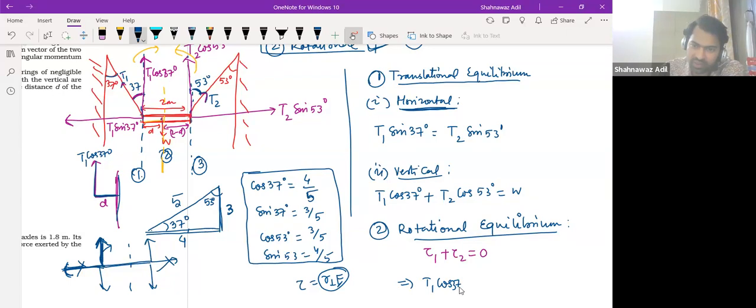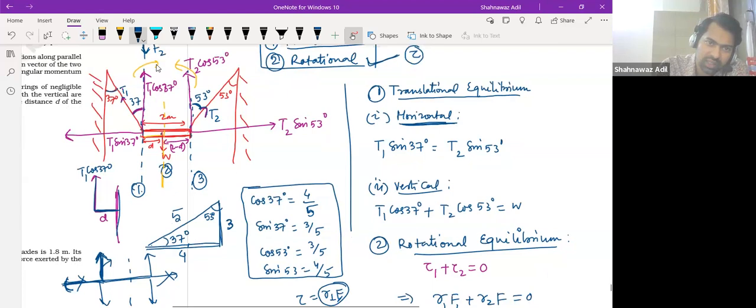And this one is T1 cos 37. So as you say, T1 cos 37. And what is the distance? D, right? So let me write R and F plus R and F. That would be the torque. But for the case of this one, would the torque be positive or negative?